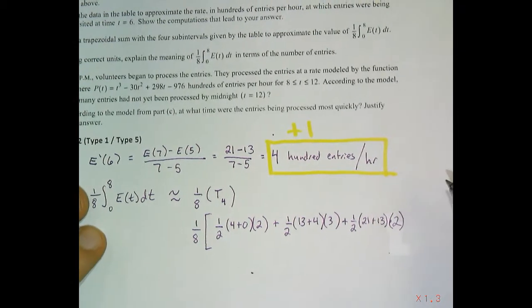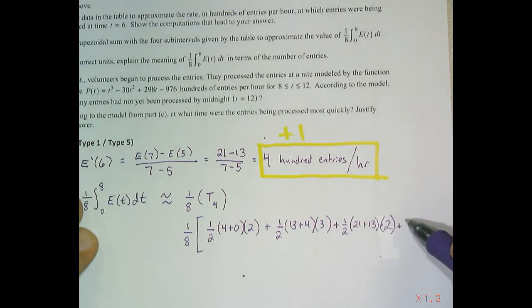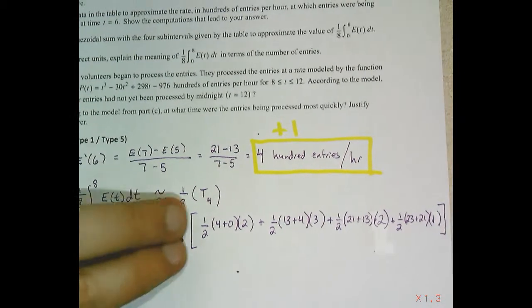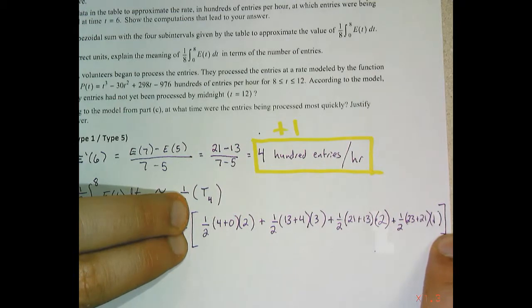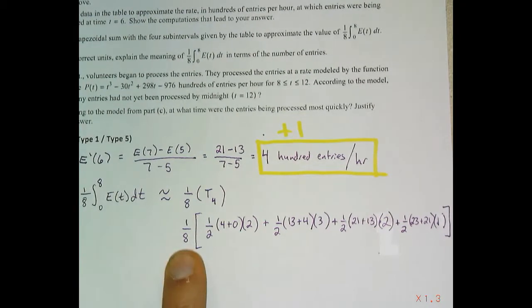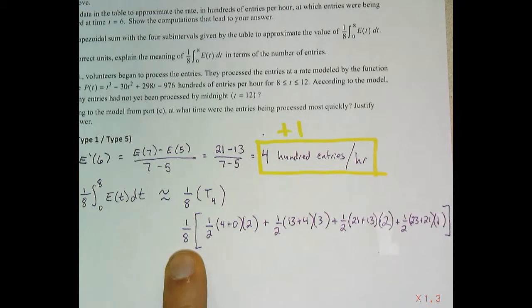And then the very last trapezoid, average of the bases of 23 and 21 times the width of that trapezoid. 7 to 8 is a width of 1. Okay. So keep in mind, the trapezoidal sum is just the integral. We can't forget to include that 1/8 to evaluate our value.